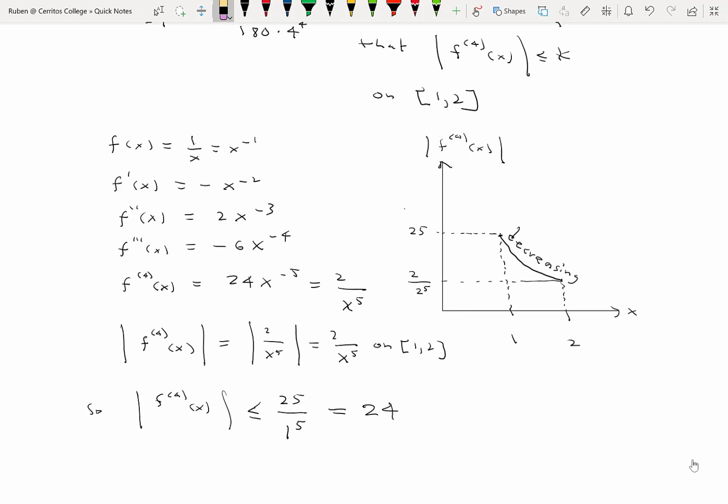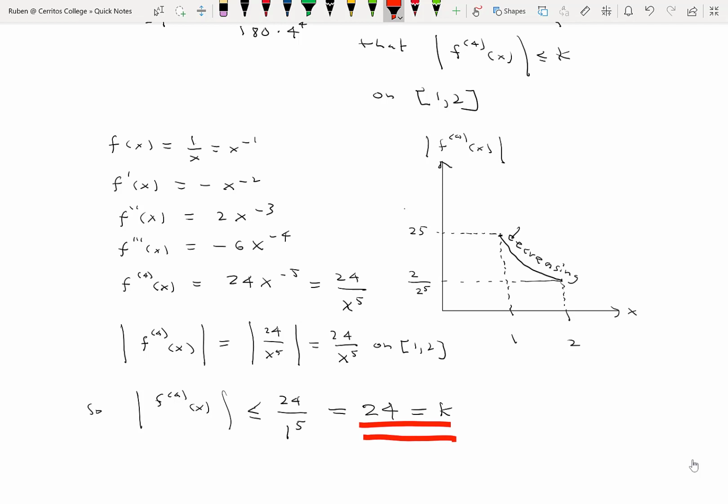I saw it all over the place before I caught my mistake. Well, I guess nobody's immune, huh? Okay, 24. I hope I didn't throw you off too much with that 25. So our k, the best possible value for k, is 24.